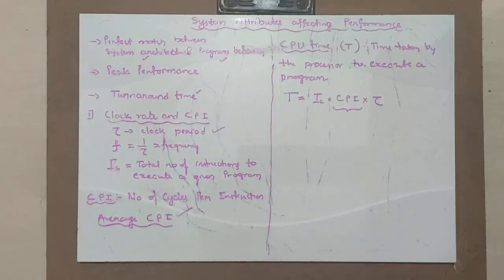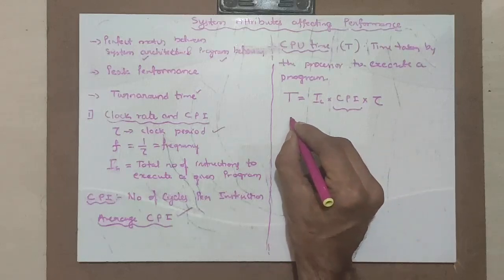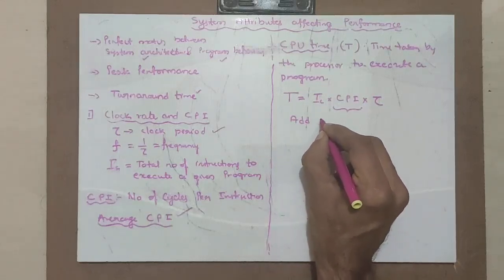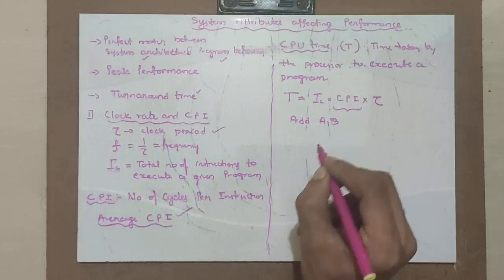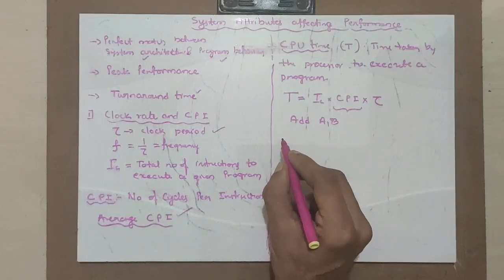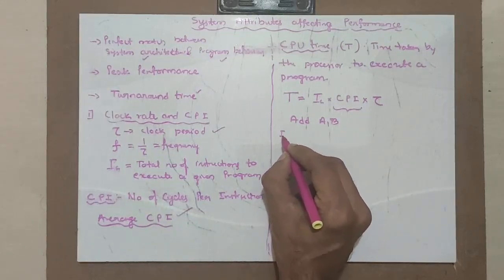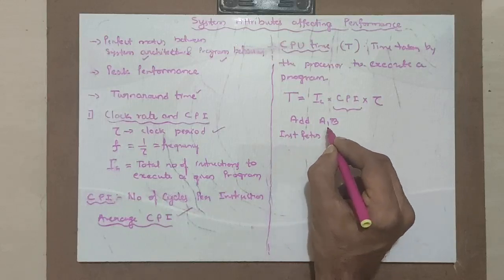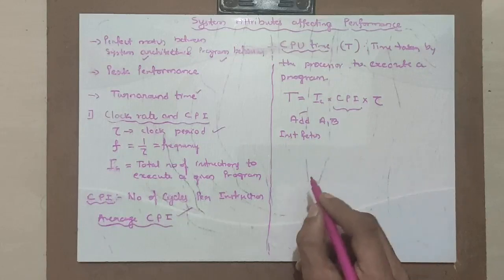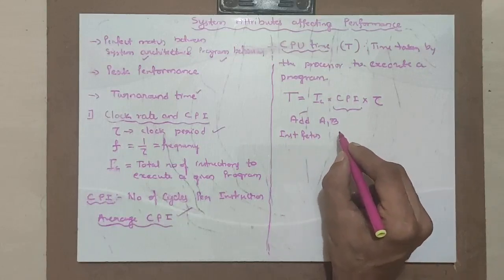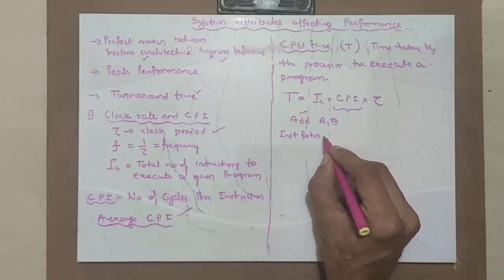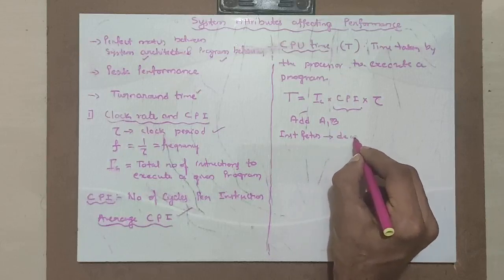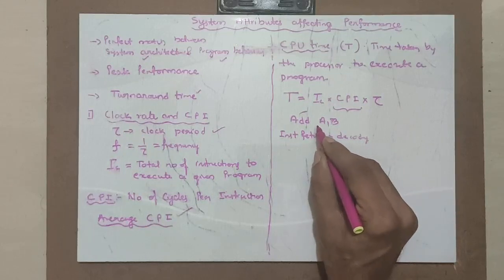Just if you take add A, B itself, what is the process that is happening here? First is instruction fetch, isn't it? You have to fetch this instruction add. Then you will be decoding the instruction add.